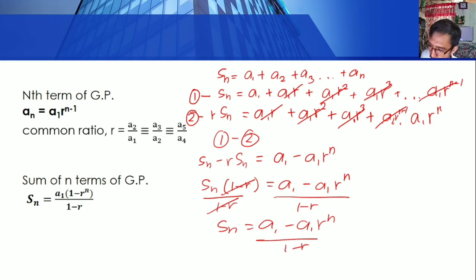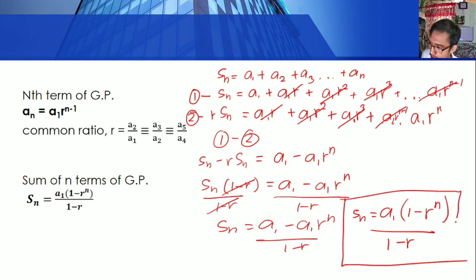So we can rewrite it as S sub n is equal to a sub 1 times 1 minus r raised to n over 1 minus r. So, ito yung gagamitin nating formula para kunin yung sum of n terms ng geometric progression.